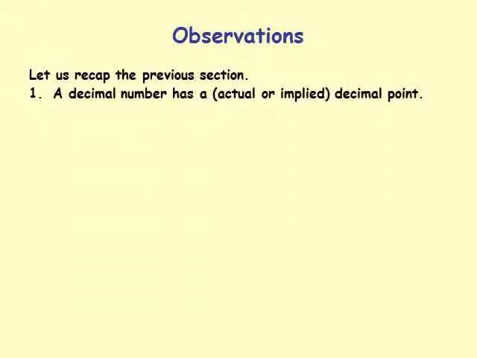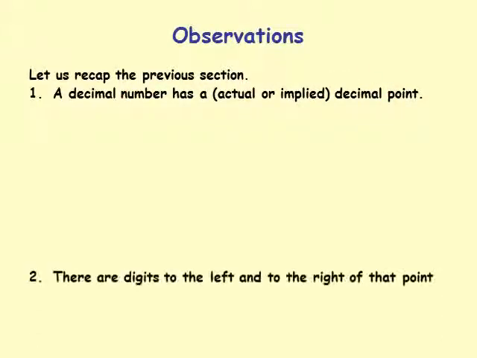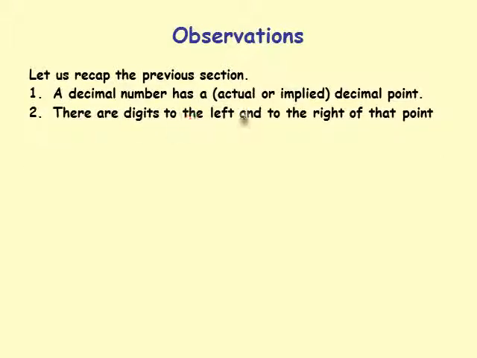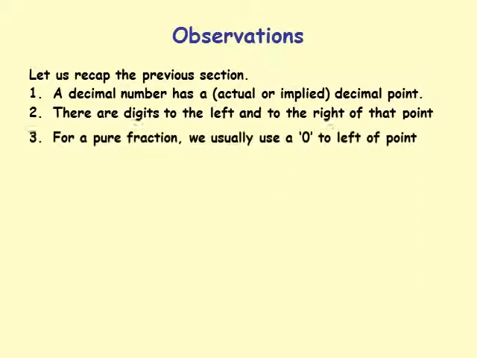Let's recap the previous section here. A decimal number has an actual or implied decimal point. There are digits to the left and digits to the right of that point.